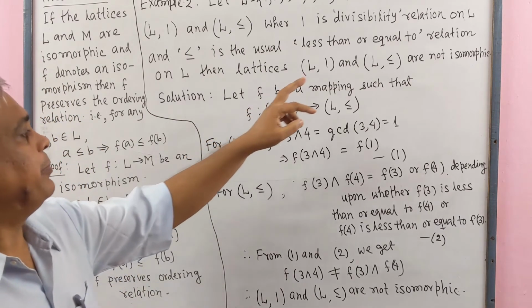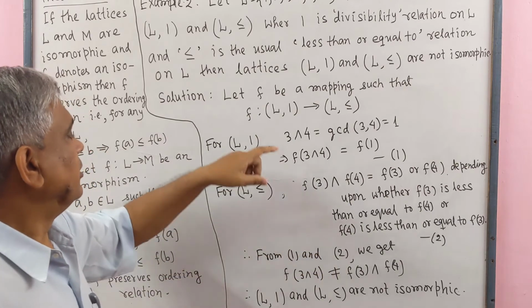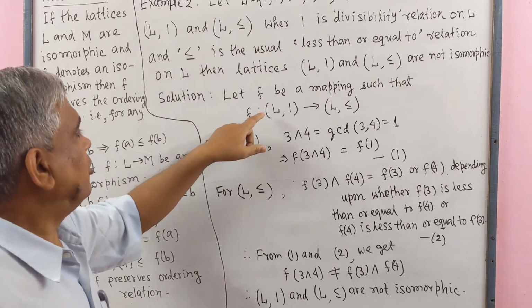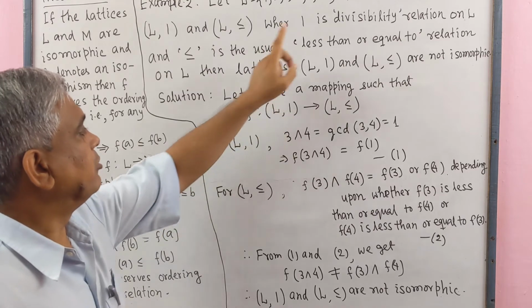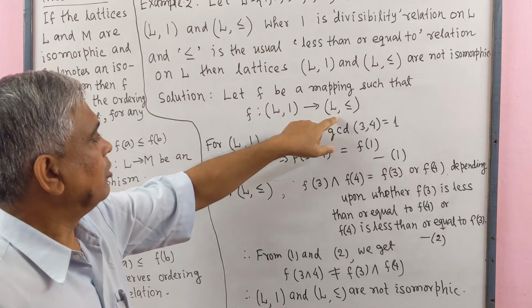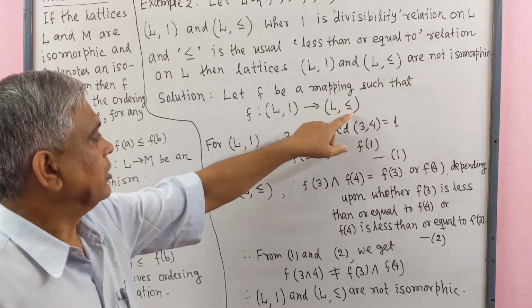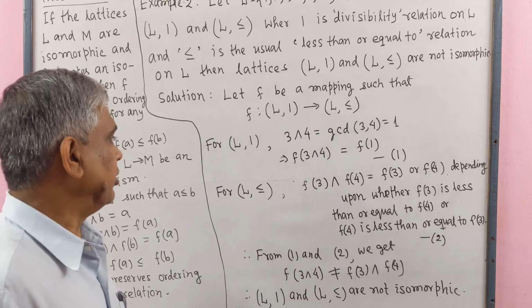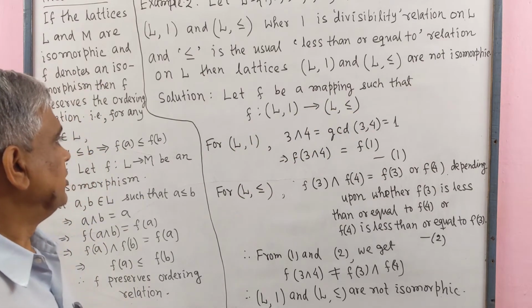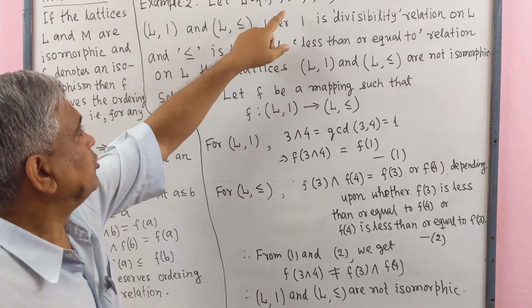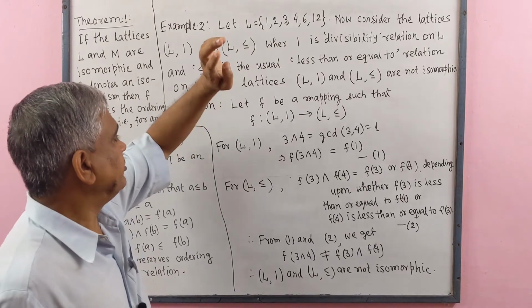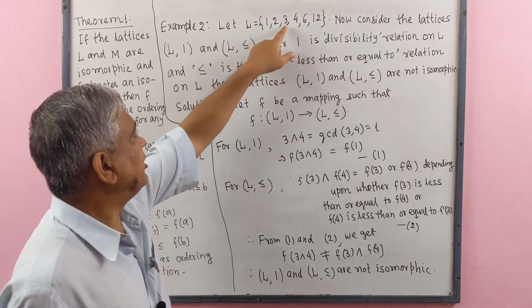Let f be a mapping defined on L with divisibility relation into L with the relation less than or equal to. Here L contains elements 1, 2, 3, 4, 6, 12. We take two elements 3 and 4.